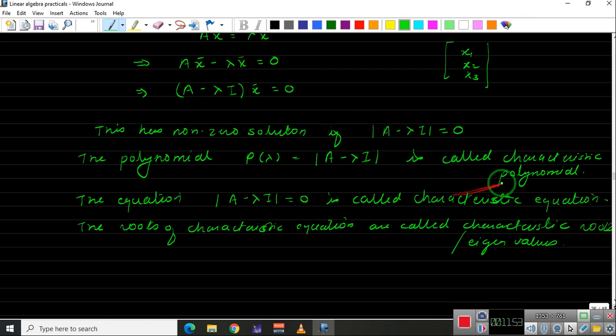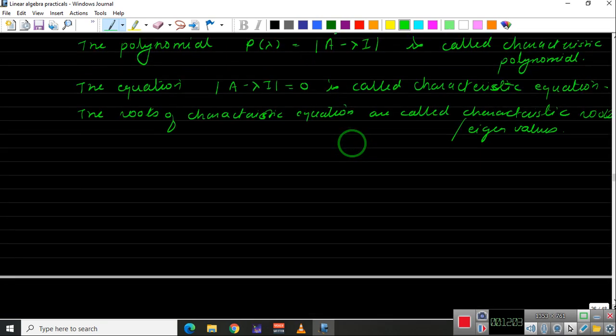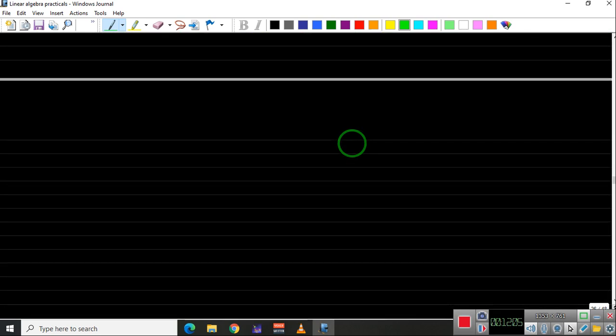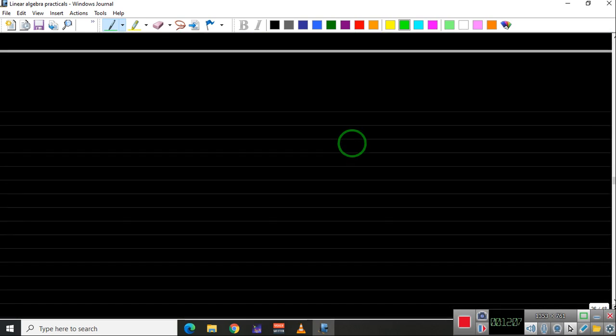So the thing is how to get these eigenvalues and eigenvectors. Let me demonstrate this by using one example. Let us find the eigenvalues and eigenvectors of a matrix. Understand? If you have any problem, you can contact me.